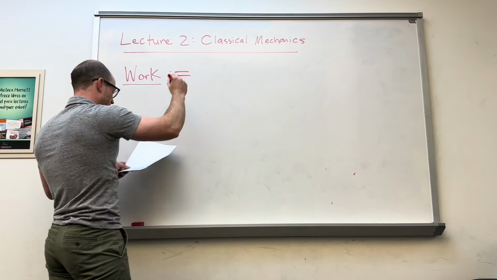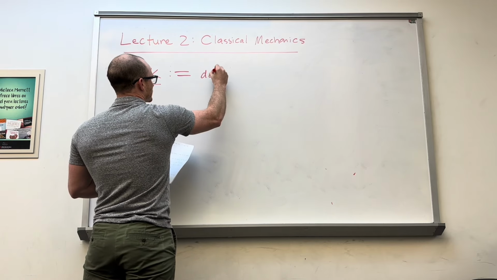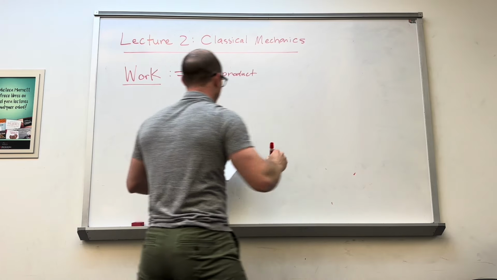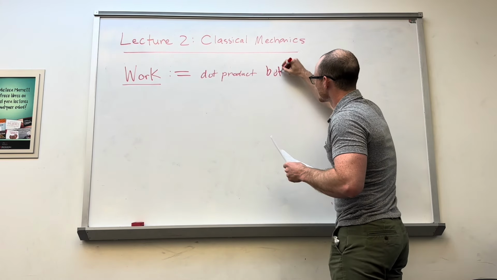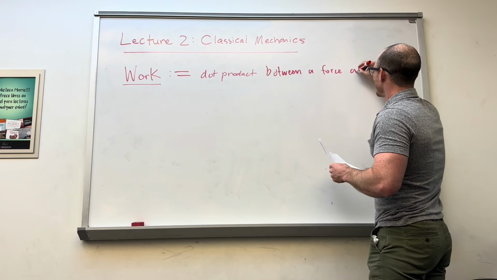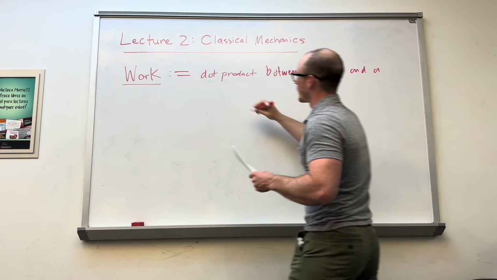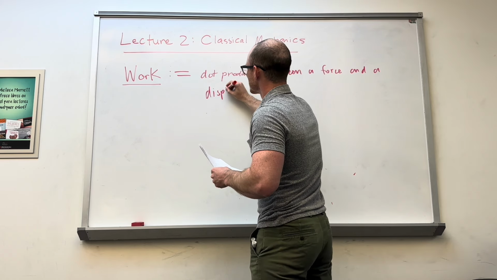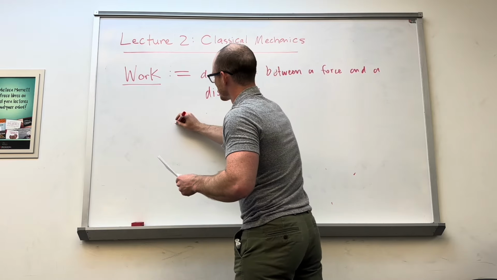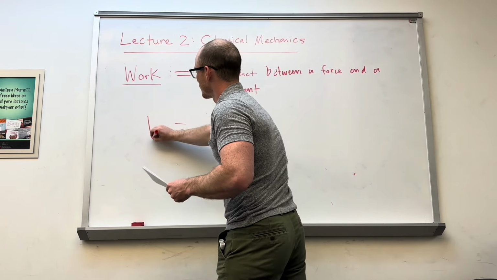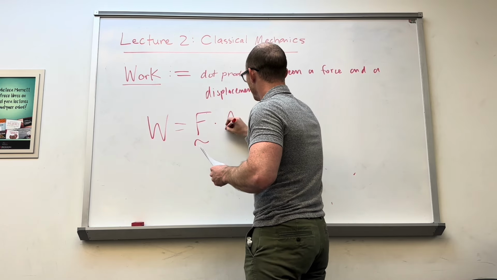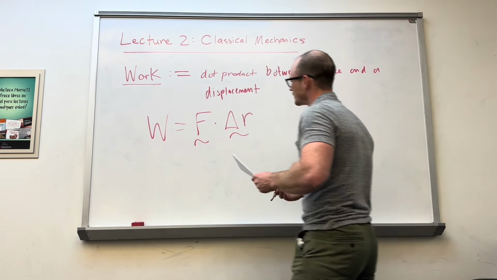Work is defined as the dot product between a force and a displacement of a particle. Mathematically, we can express this as the work is equal to a force dotted by a displacement.